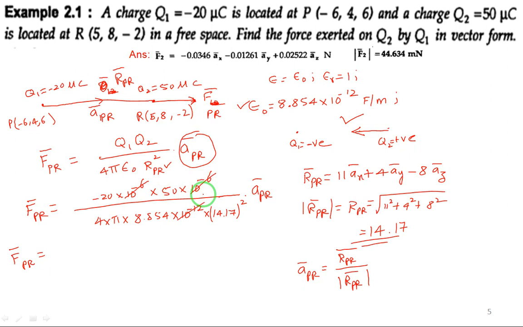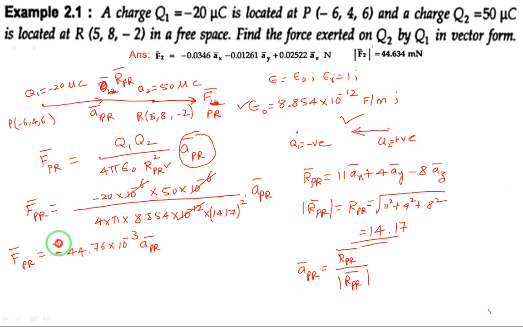I am writing the minus sign as it is. If I take engineering, I am getting 44.76 into 10 power minus 3. APR as it is I am writing. So this much I am getting.